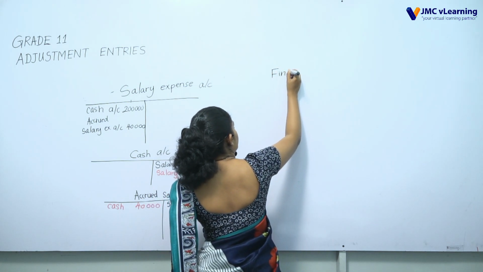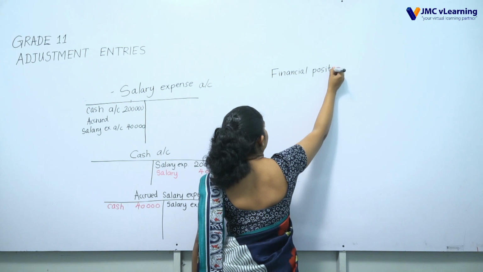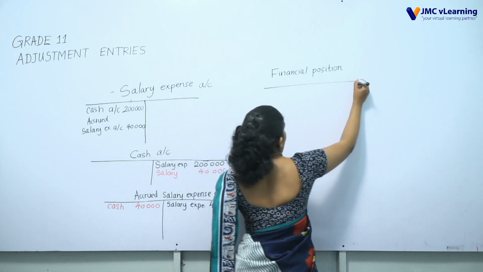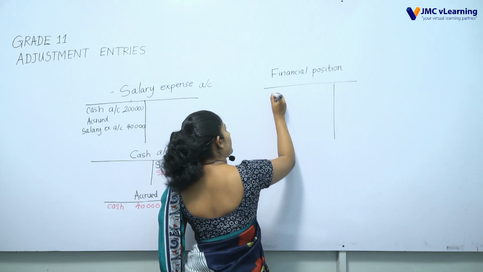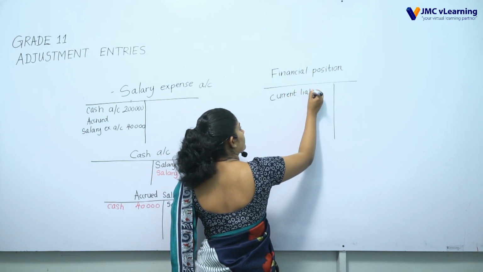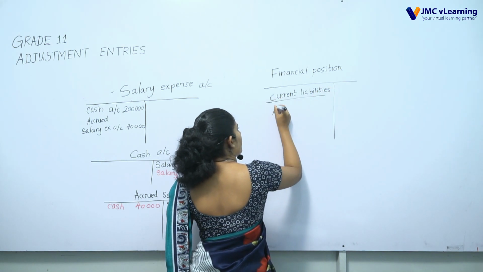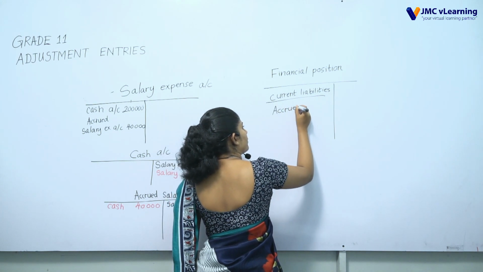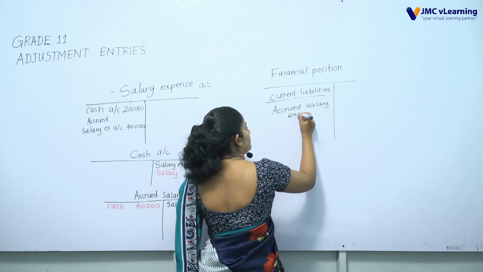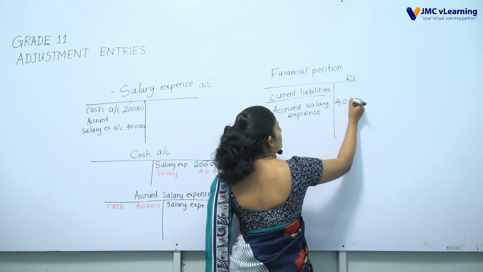In the financial position, under current liabilities, accrued salary expense 40,000.